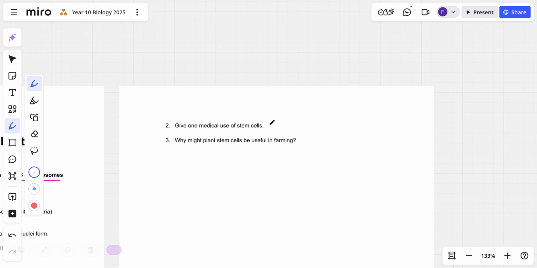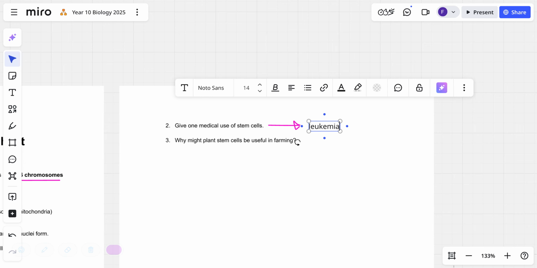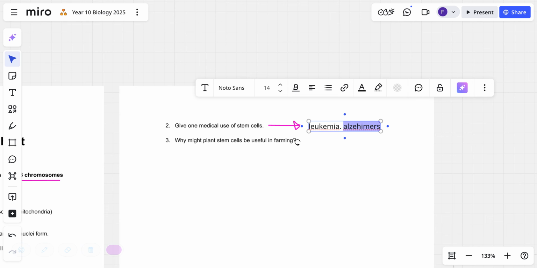Give one medical use of stem cells. And I named two. One is leukemia. The other is Alzheimer's. Let's spell that right. And it's treatment for them.